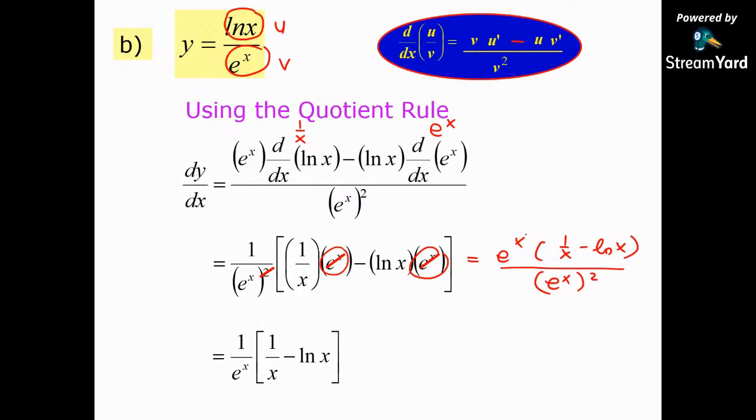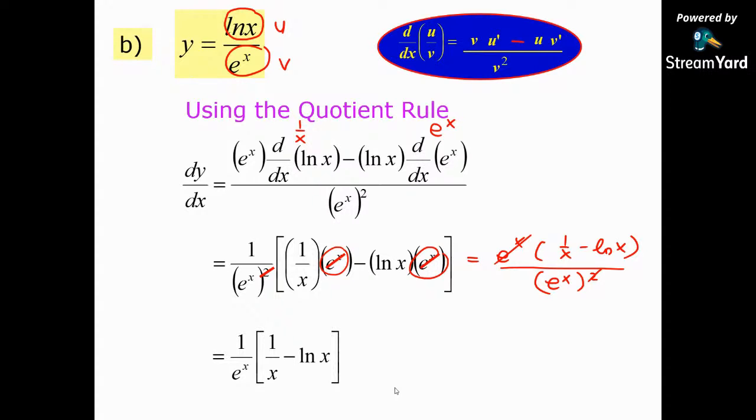Since this is e^x squared, that is how you cancel out e^x, and you are going to get (1 over x minus ln x) over e to the power of x. Okay, so I think we are done with this one.